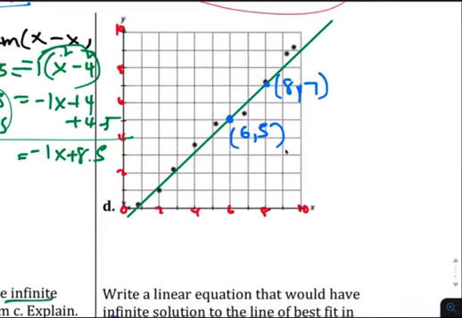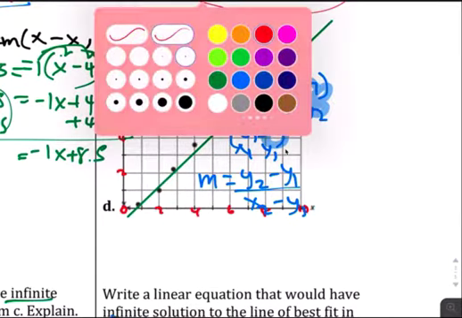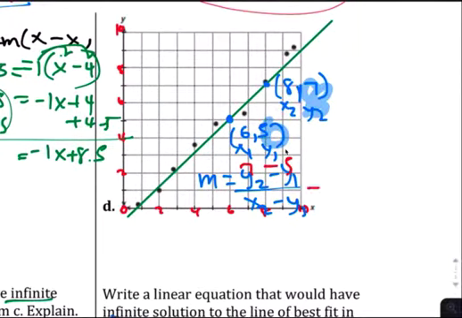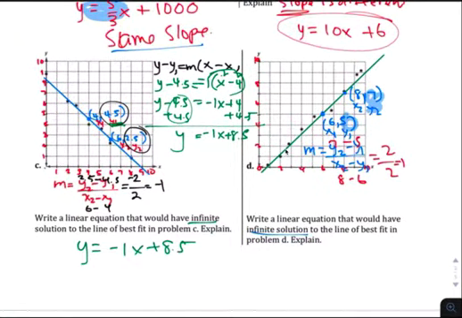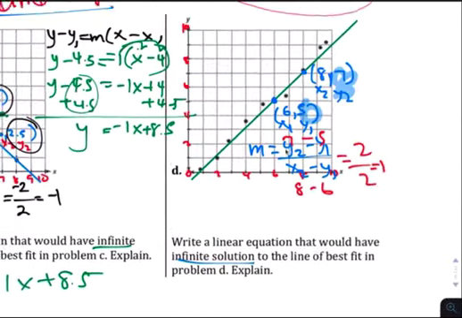So for those of you who don't know what you're doing, y sub 2 minus y sub 1 over x sub 2 minus x sub 1. This is x1, y1, x2, y2. So you subtract 7 minus 5 is 2, and 8 minus 6. And then you use point slope.